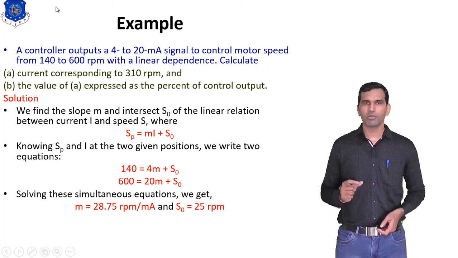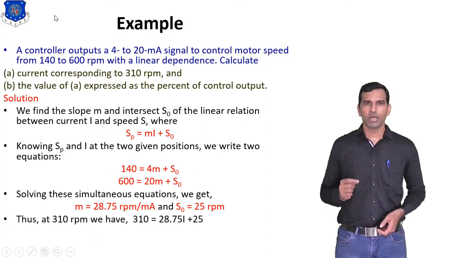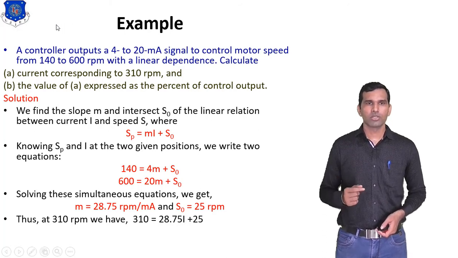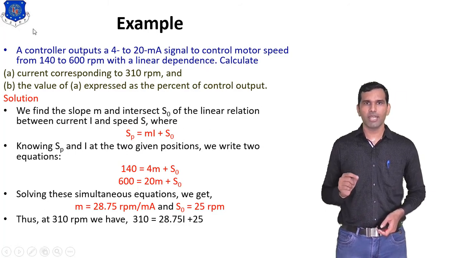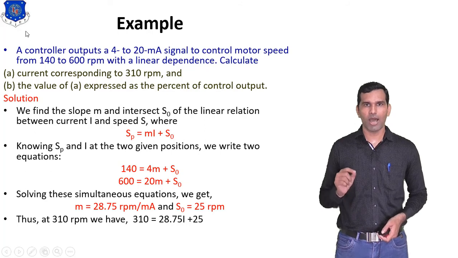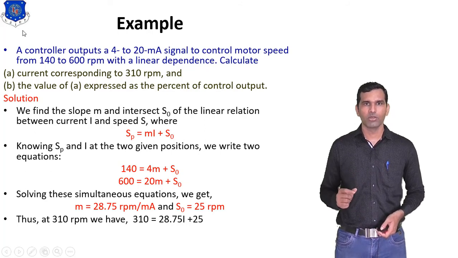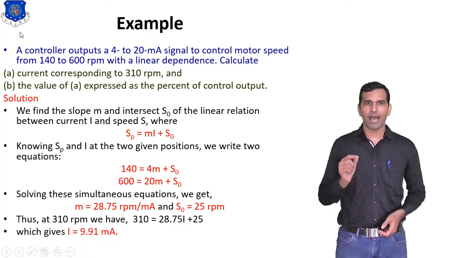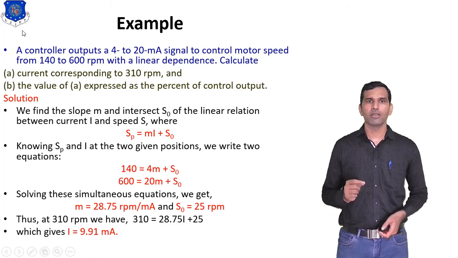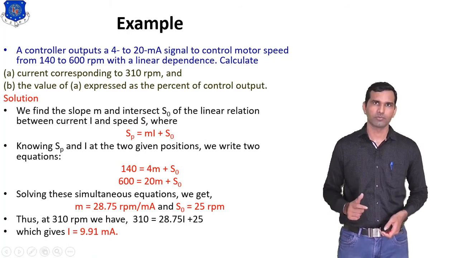Now we substitute these values in the first equation. Thus at 310 rpm we have 310 = 28.75 I + 25. So we get I equal to 9.91 milliampere.